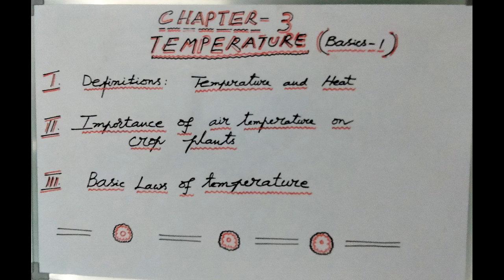Temperature is defined as a measure of the speed per molecule of all the molecules of a body, whereas heat is the energy arising from random motion of all the molecules of a body.